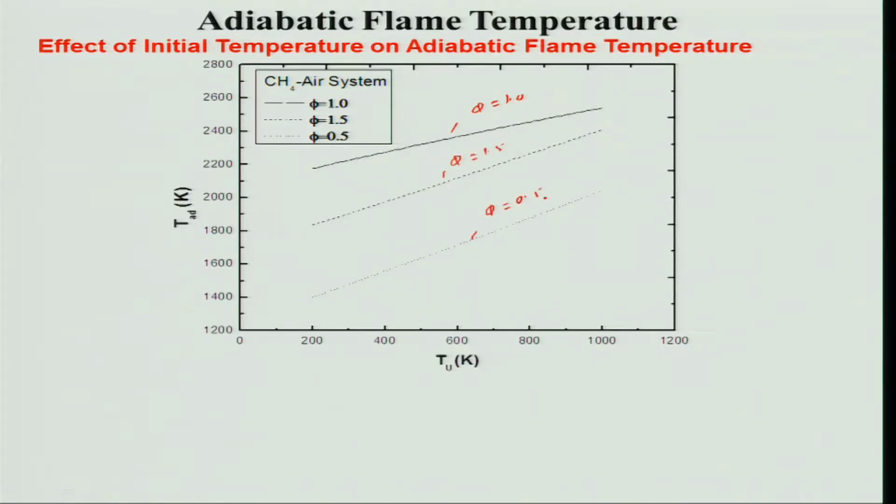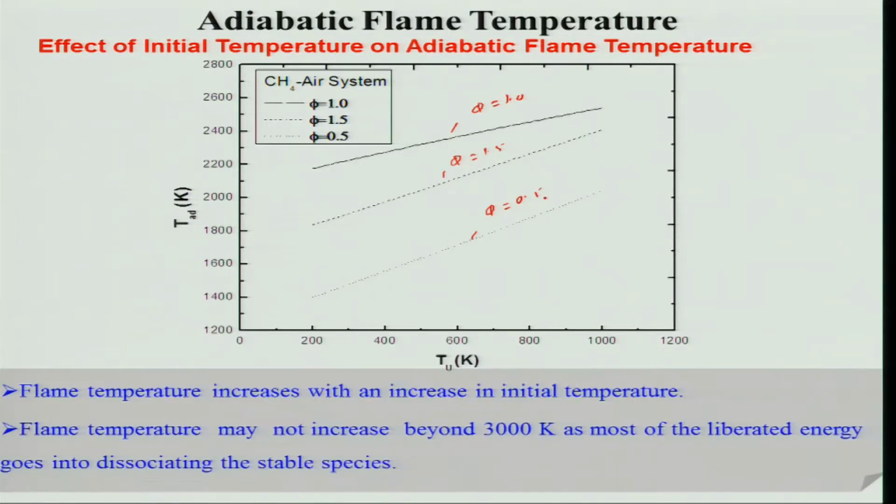Of course, all are having similar features. And keep in mind that as you go on, we cannot really go beyond 3000 Kelvin, because dissociation will be occurring. If dissociation occurs, then the temperature will be brought back to around that number of 3000 or so.